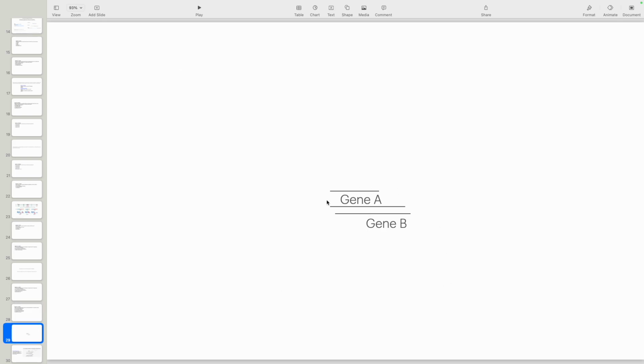So for this reason, we'll have to do the strand specific sequencing.